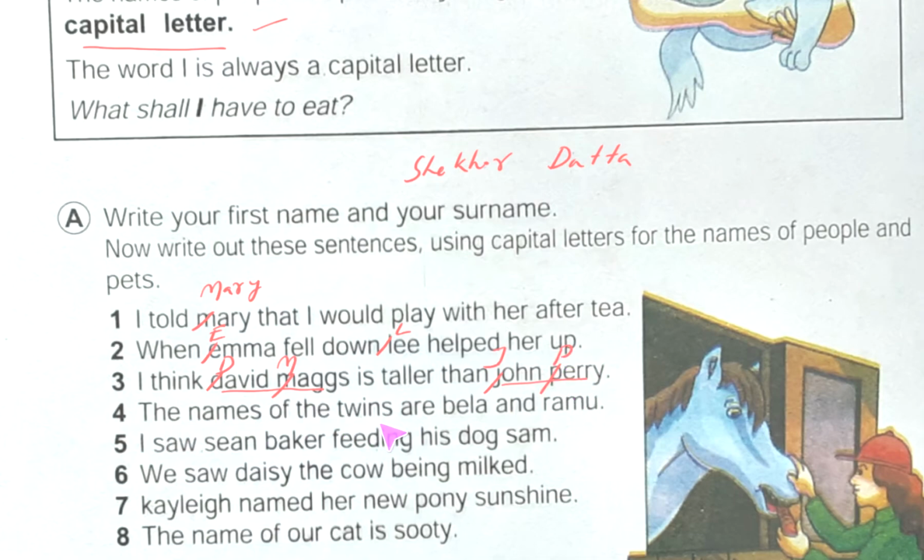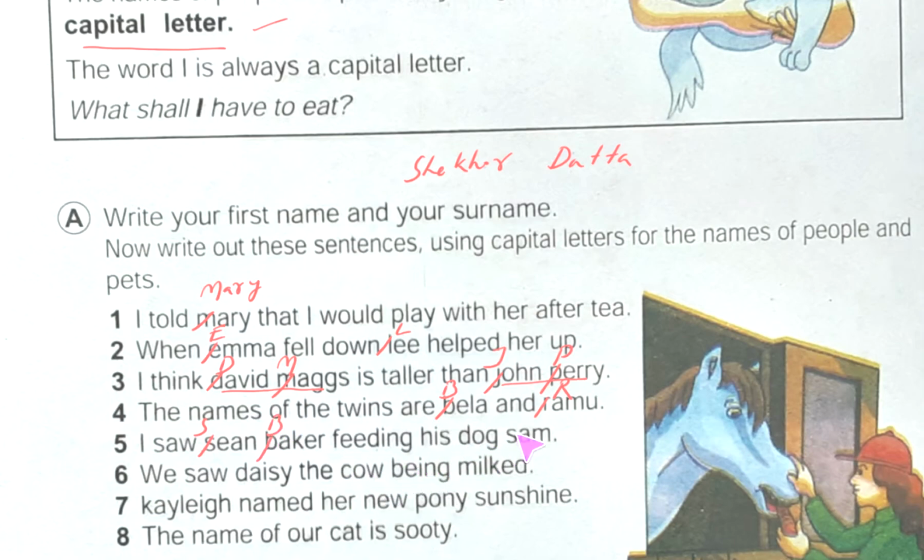The names of the twins are Bella and Ramo. So here Bella's B will be capital, Ramo's R will be capital. Okay. I saw Sam Baker feeding his dog Sam. In this sentence, S we should make capital, and here B will also be capital.